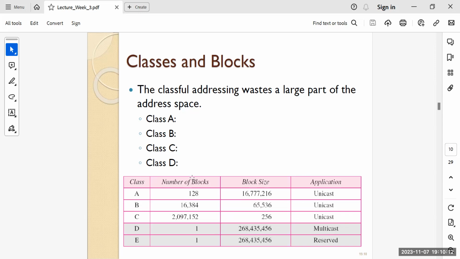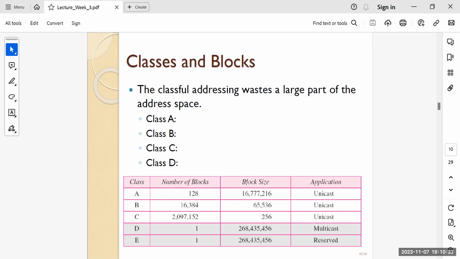First of all, you need to understand the meaning of the number of blocks and then the block size. This concept will be clear once you do a few examples, and then we will come back to these slides.